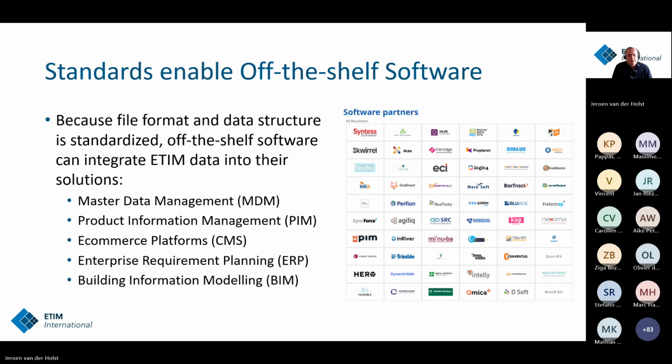ETIM is implemented into many different sorts of software, such as master data management software, product information management, e-commerce platforms, ERP systems, and we even see use cases in building information modeling.